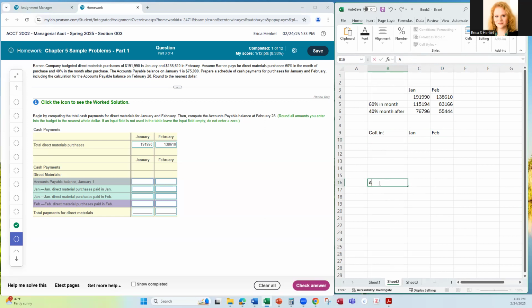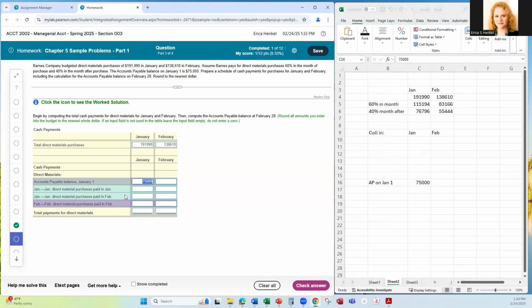Okay, so accounts payable on January 1 was $75,000. Anything that's payable, we just have a 1 month delay. So this is definitely going to get paid in January here.